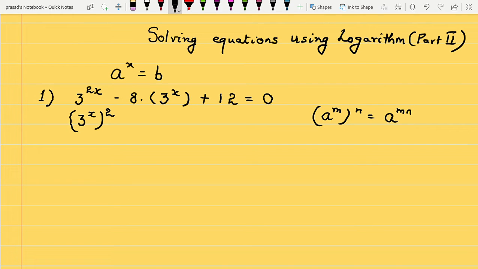So a to power m into n is a to power m whole to power n, and hence I can write 3 to power 2x as 3 to power x the whole square. So x and 2 will get multiplied, that will give me 2x back, minus 8 into 3 to power x plus 12 equal to 0.